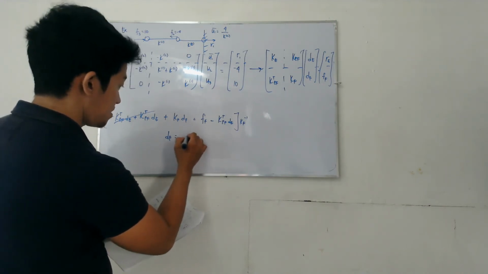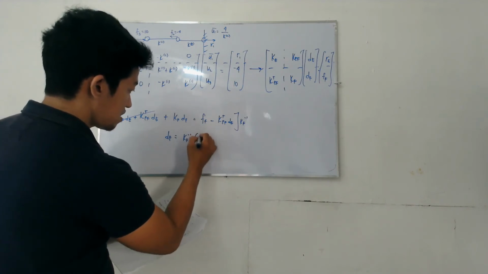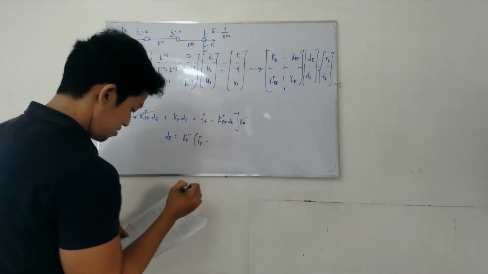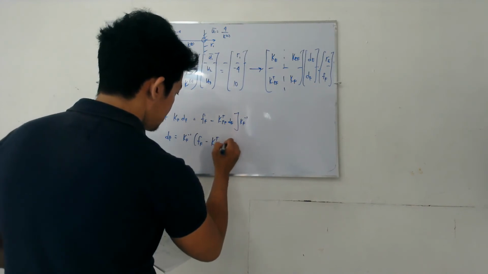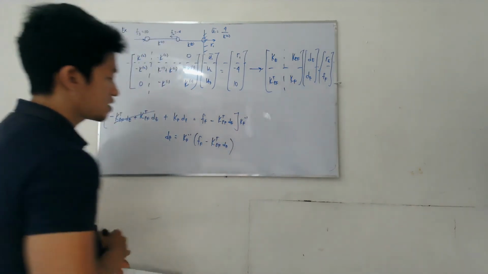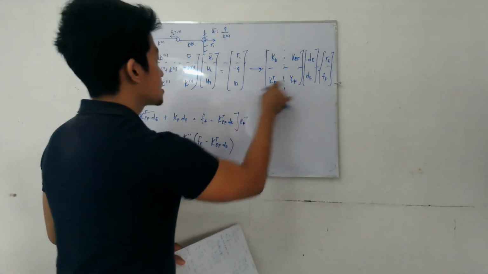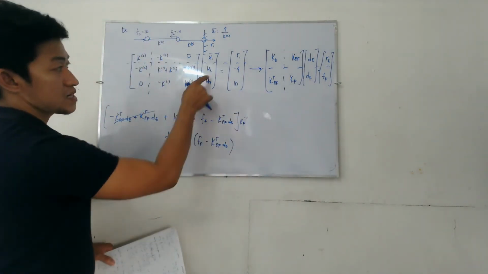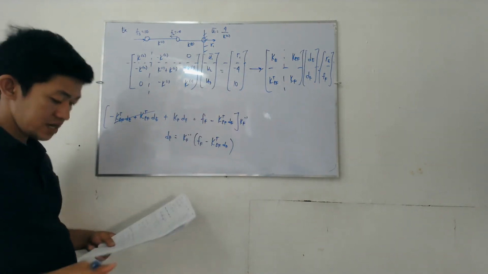Kanina na yun. K_EF inverse times F minus K_EF transpose times K_EF D. Okay, so nakuha nato ang DF. Yun, ang DF kanimo, ang mga unknowns. Okay?